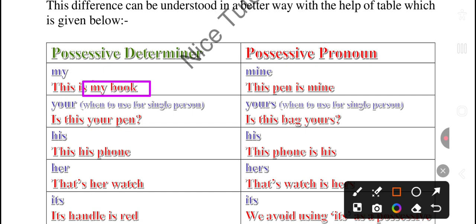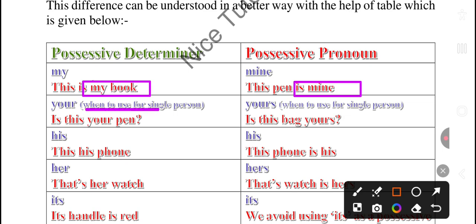That's why here the word my is acting as a possessive determiner. Whereas in the opposite, the word mine has been used, and after mine, no noun has been used. Here the word mine acts as a possessive pronoun.